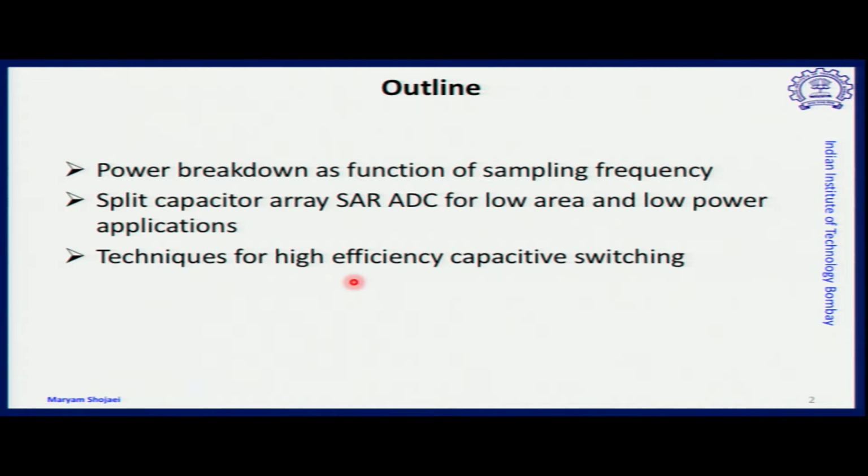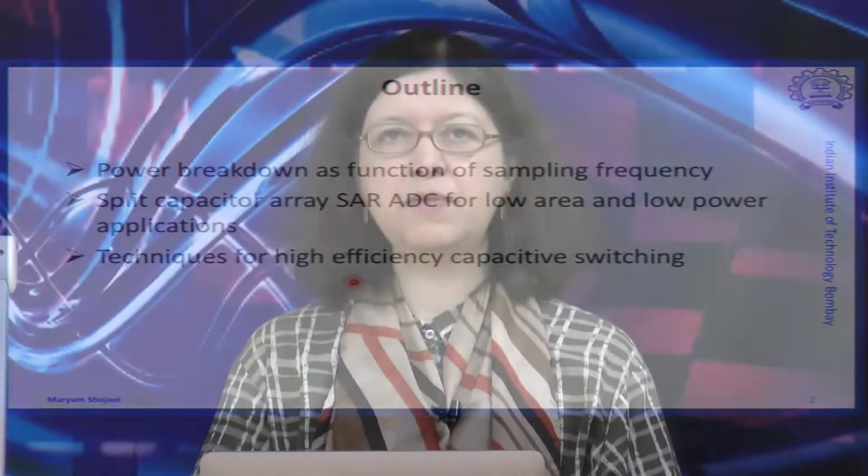And some of the techniques which are reported now and being followed for reducing the capacitive switching energy in SAR ADC, mainly with respect to DAC, because capacitive DAC switching plays a vital role in the overall energy consumption of the SAR ADCs, which are used for low energy applications.